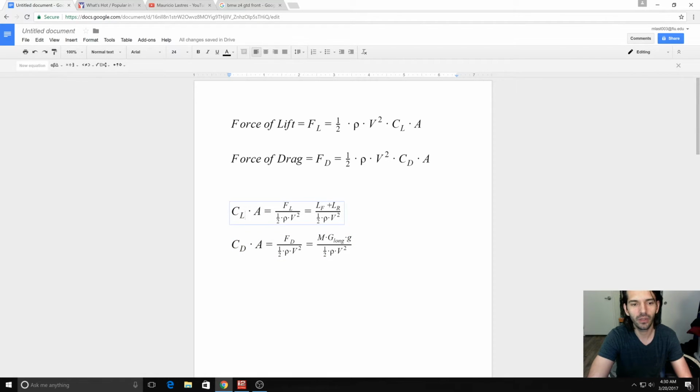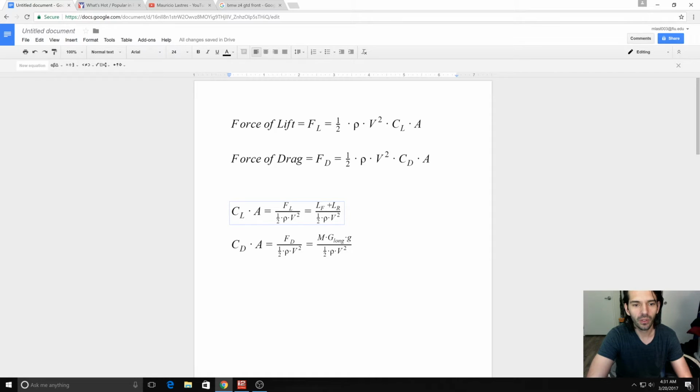The reason is that we don't actually want to calculate the area of the car, and we also want to make it a little bit more comparable between cars. CLA is something that's kind of standard to do, and this makes it independent of the area. It helps us out, so we don't have to bother calculating the area for all the cars. We'll just make it a function of the area and leave it that way.